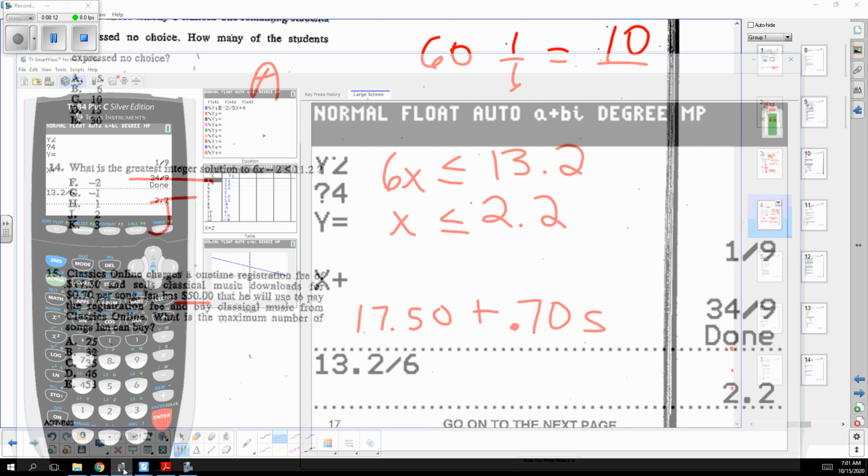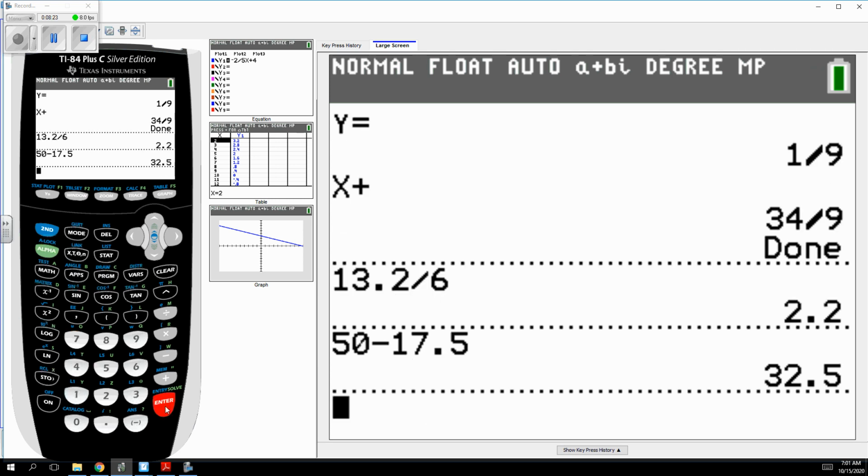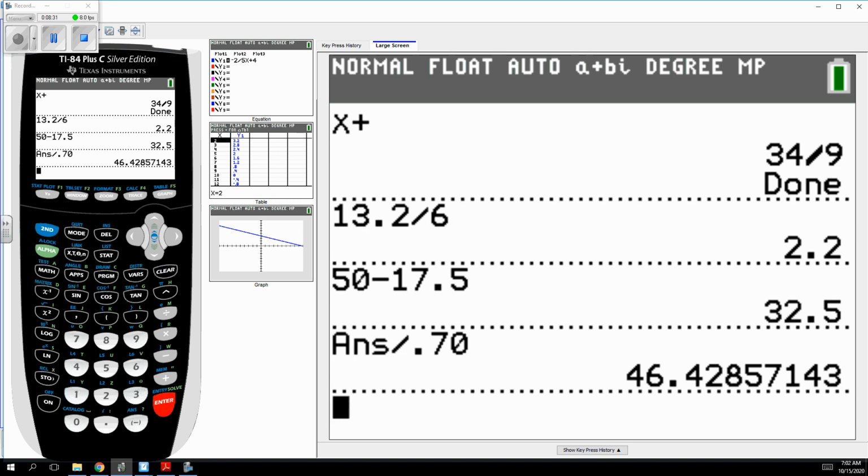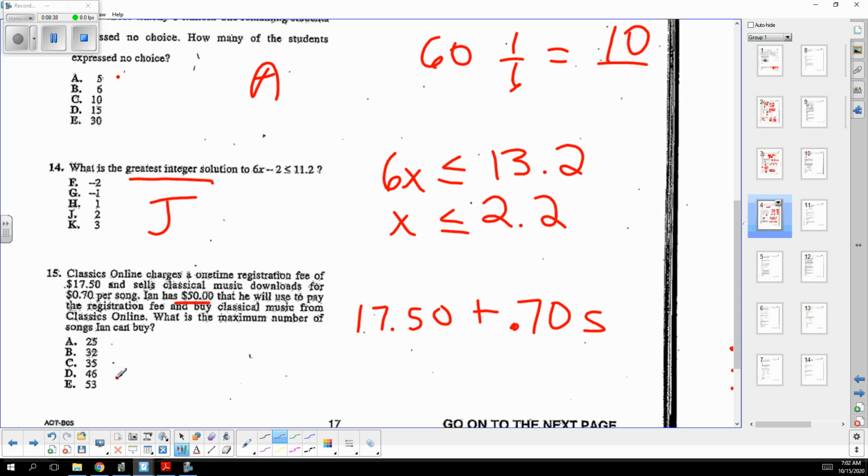So I take the $50, and I gotta subtract the one-time fee of $17.50, and that leaves him $32.50 to buy songs. So you divide by the price of the song. So he would be able to get 46 songs. Answer D.